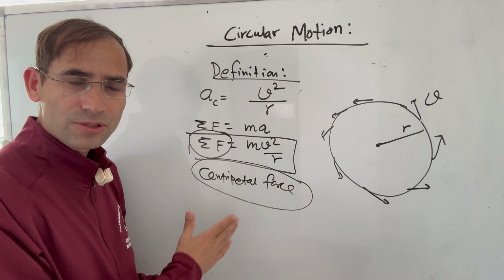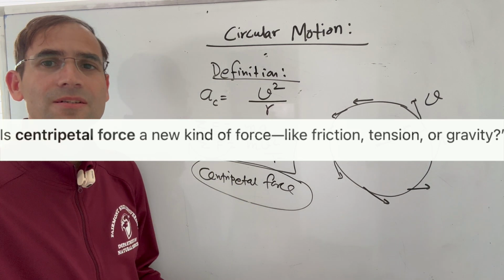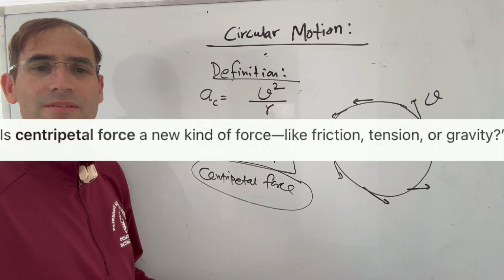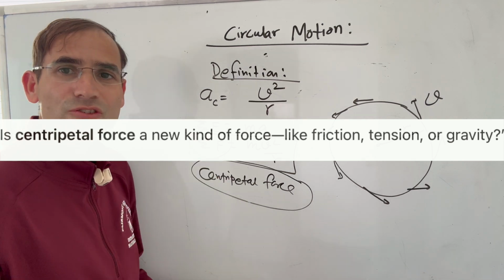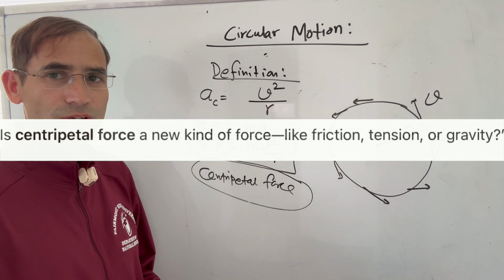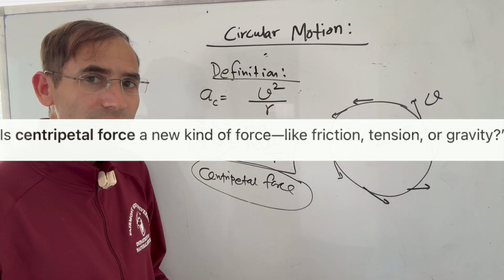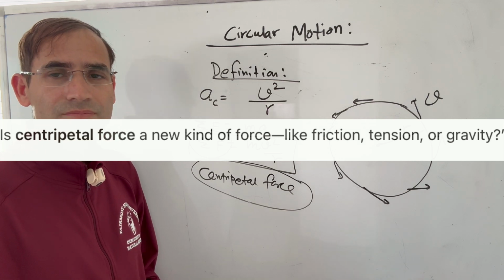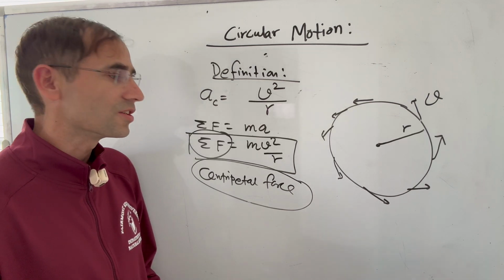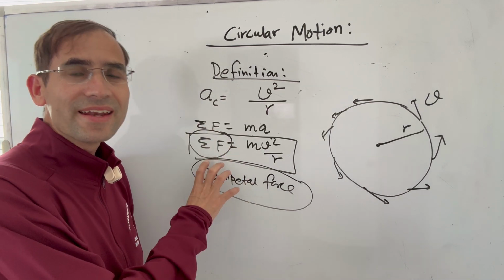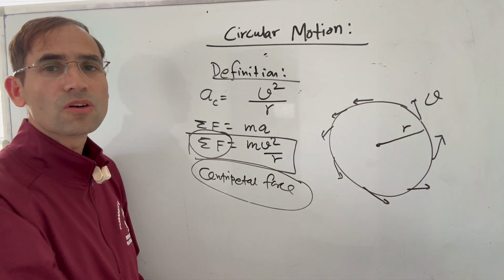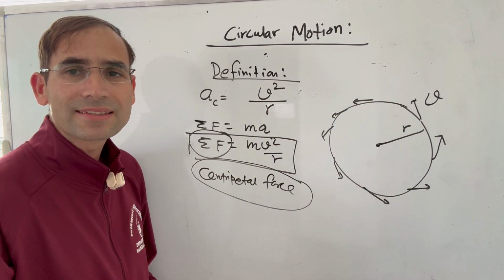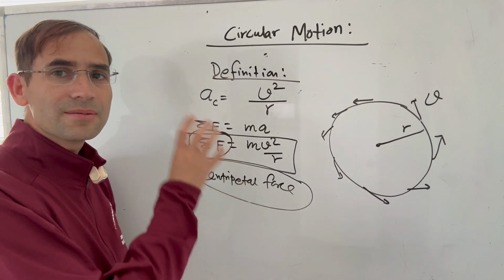We discussed different forces: normal force, friction force, tension force, gravitational force and many others. Now I'm talking about centripetal force. Do you think this is a new type of force? The answer is no. This is not a new type of force. This is the net force which causes the object to go in the circular path, which creates the centripetal acceleration. That is the centripetal force.